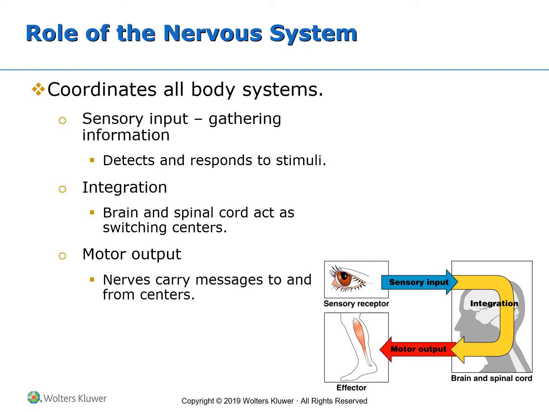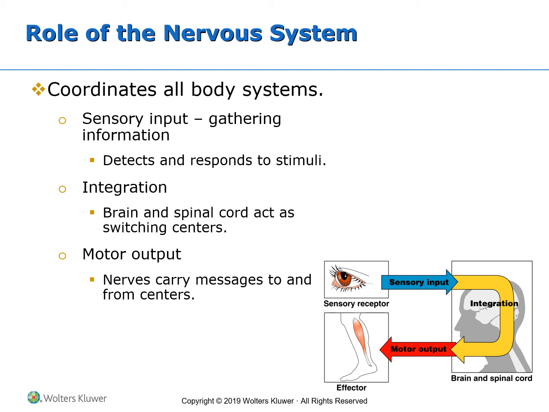Any type of condition that changes within or outside the body will be detected by the nervous system, and the nervous system will generate a response to continue a certain activity or to correct it. The nervous system can be compared to a control system that gathers information through sensory receptors. The sensory input detects changes both inside and outside the body.